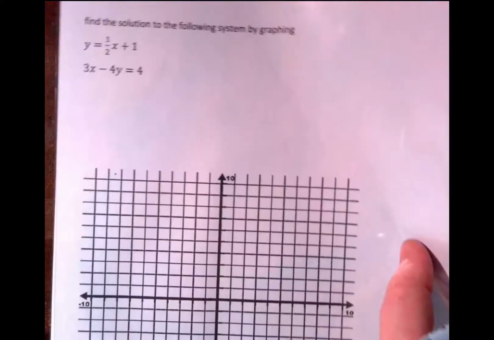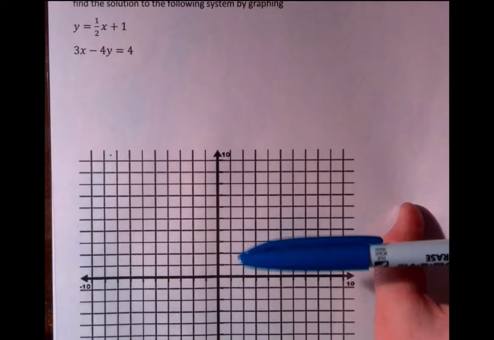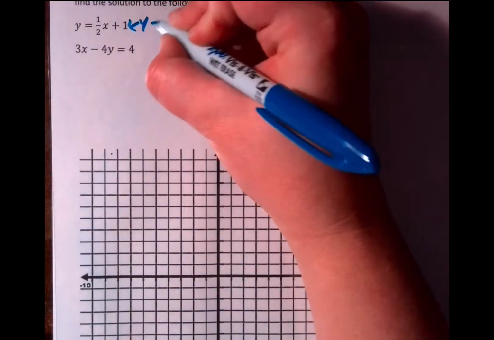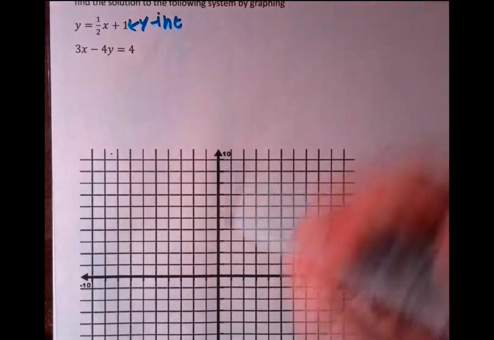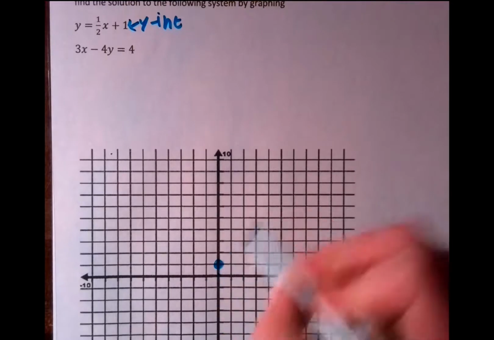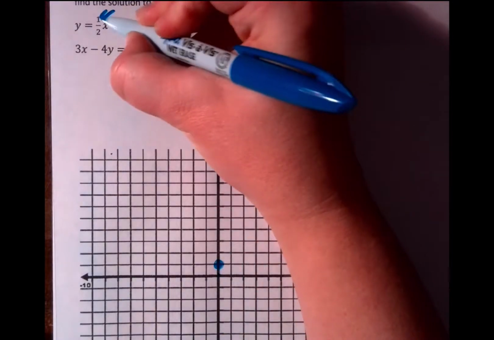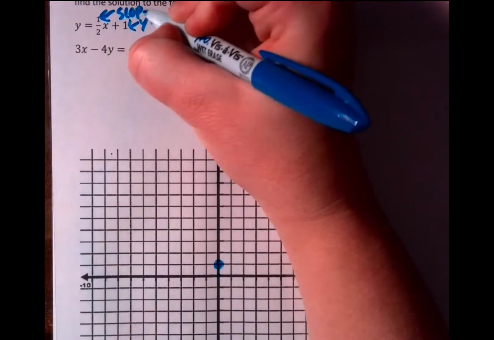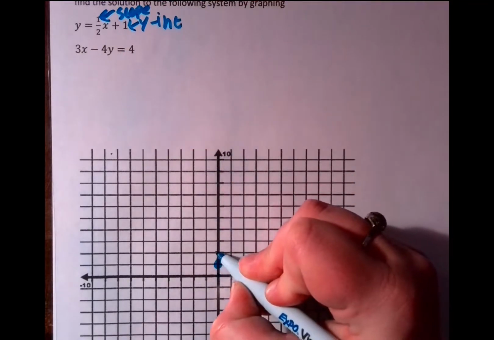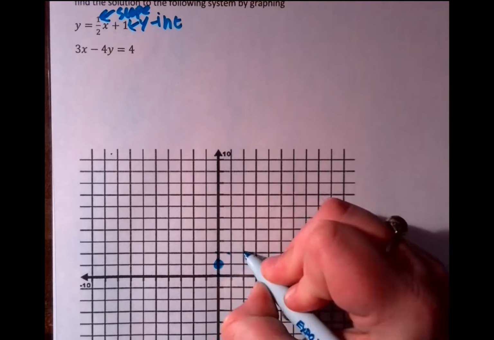Okay, so remember we always begin with our y-intercept. Okay, the number right there, which in this case is 1. So it tells me I'm going up 1 and then I'm putting a dot. And then we use our slope. All right, so we're going up 1, right 2.